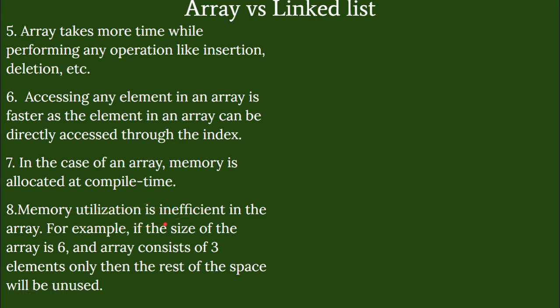For example, if the array size is 6 and the array consists of 3 elements, then the remaining 3 spaces will be unused. So now it is a simple case. It may not look much heavier, but suppose you have an array of 1000 elements size and only 100 elements are stored, 900 spaces are wasted. So here the memory utilization is inefficient.